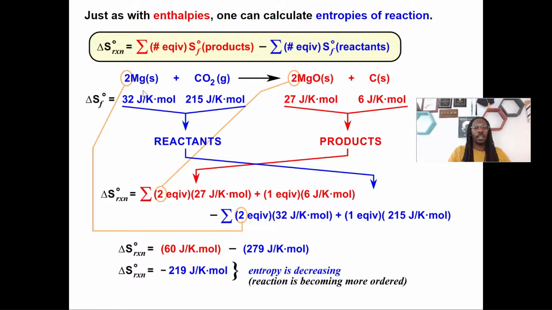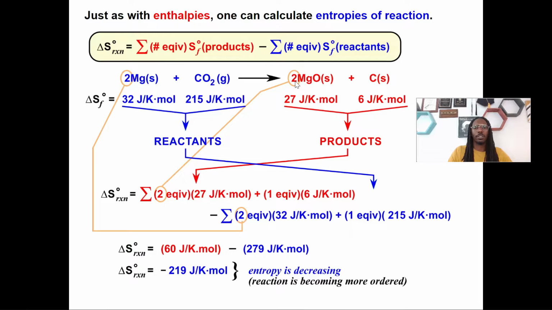Well, essentially, let's say we got our example here, magnesium reacting with carbon dioxide to produce magnesium oxide and carbon, right? So what are we going to do here? We're going to take those entropy values that are going to be given to us, right? So we look those up. It's 32, 215, 27, and 6, right? So what do we do for our equation? Well, it's just products minus reactants, right?